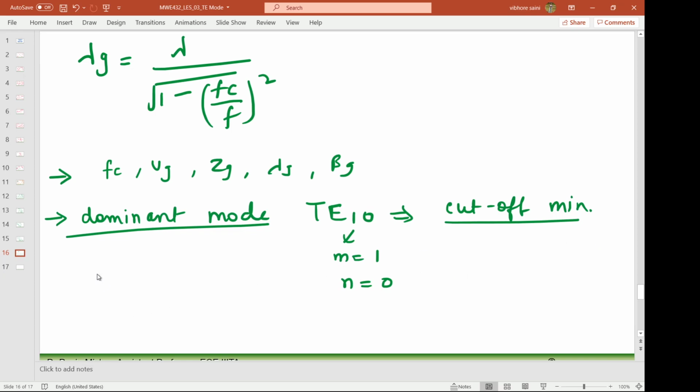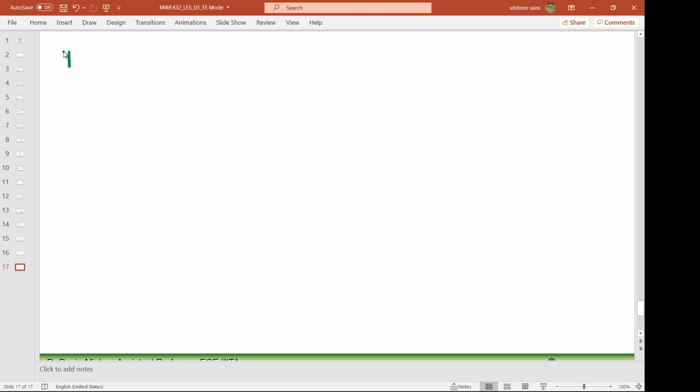When we design this waveguide, we usually keep the ratio a equal to 2b. a is the dimension along the x-axis, which is the broader dimension, and b is the narrower dimension. And there is another definition which is degenerate mode.